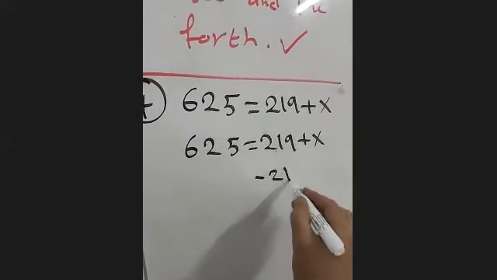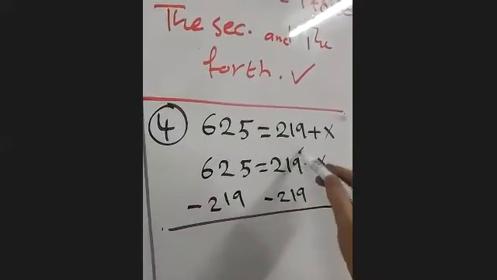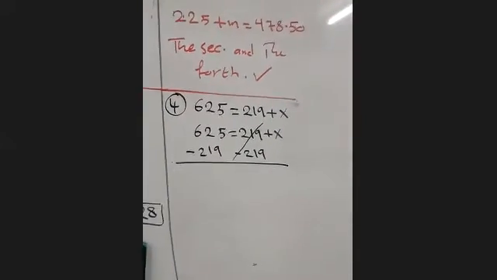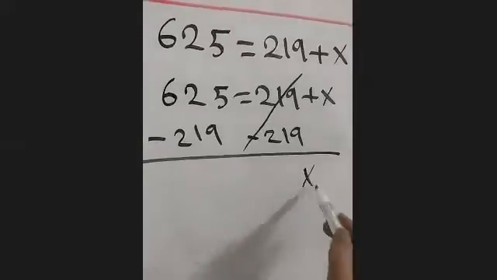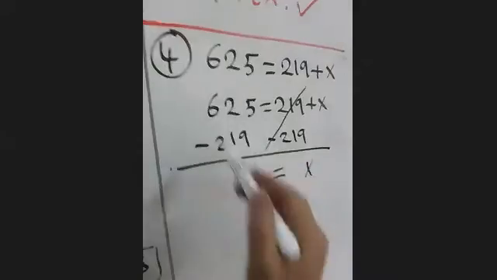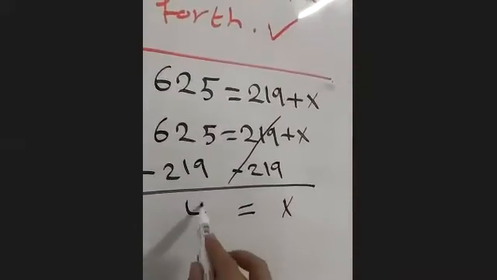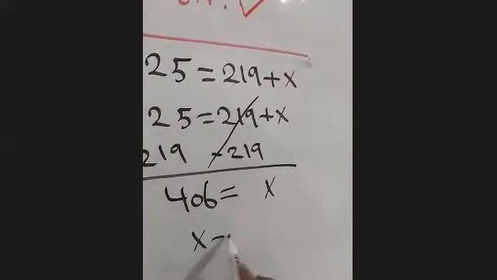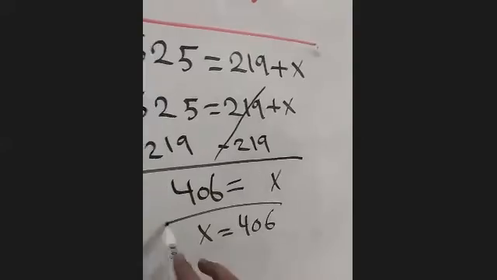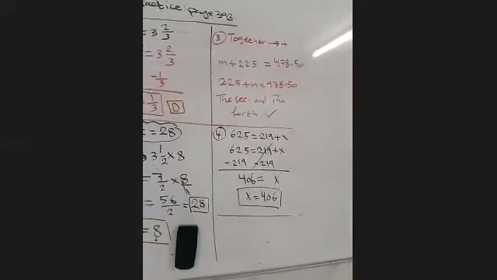How much? 219 minus 219, they are gone. Still x here and equal. And here let's subtract. What's the answer of this subtraction? 406. Excellent. So x equals 406. This is the answer to this question. Thank you, Jad.